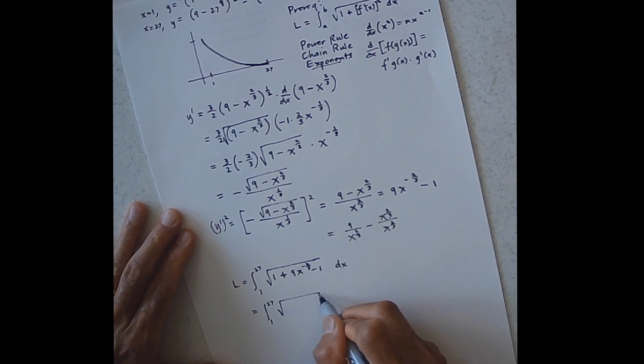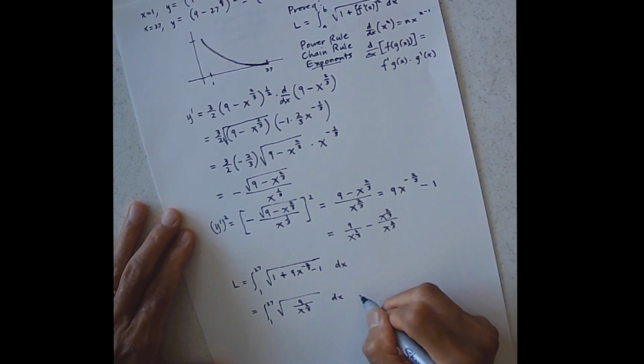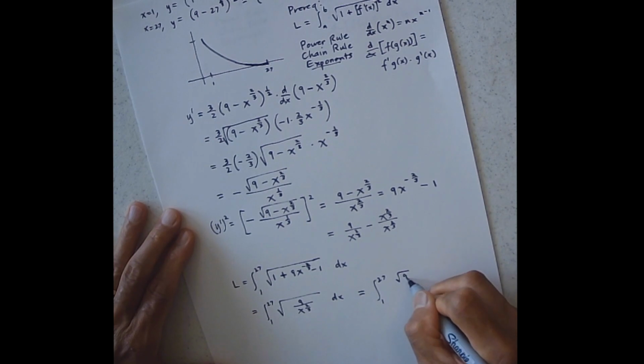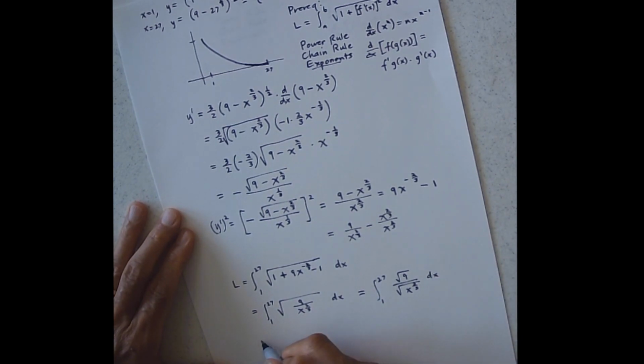And so we get simply the square root of 9 over x to the 2/3 dx, which we can rewrite as the square root of 9 over the square root of x to the 2/3 dx, which simplifies to 3 over x to the 1/3.